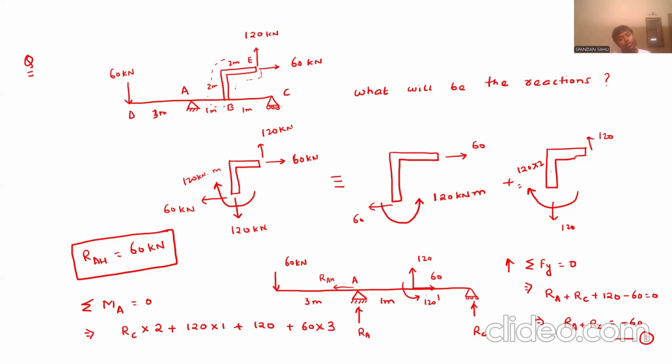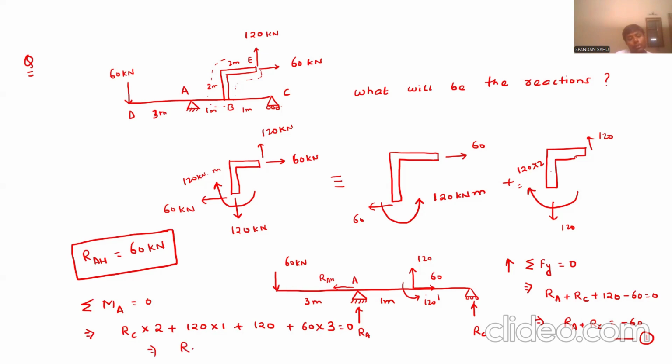So RC will try to rotate the beam in anti-clockwise manner about A. 60 won't do that because it is passing through A. 120 will try to rotate the beam about A in anti-clockwise manner. 120 kilonewton meter anti-clockwise moment is also present at point B. And 60 kilonewton at the far end of the overhang will also try to rotate the beam in which direction? It will be anti-clockwise. So 60 into 3 is the lever arm. So that will be equal to 0.